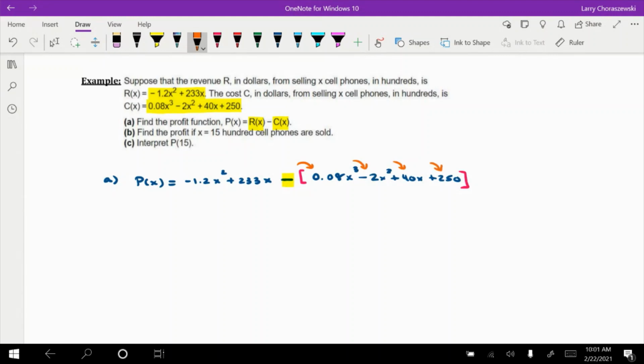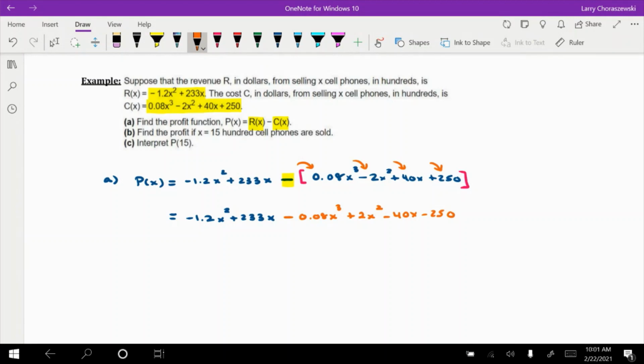That way we can release that expression from brackets. Negative 1.2x squared plus 233x. Okay. The 0.08x cubed turns into minus 0.08x cubed now, plus 2x squared minus 40x minus 250.